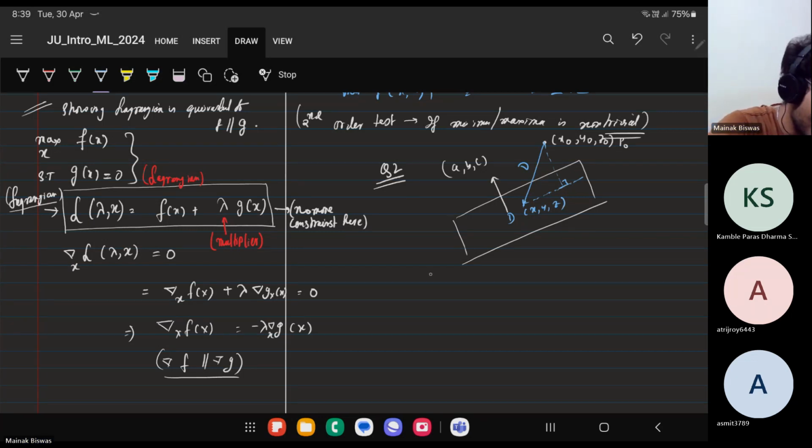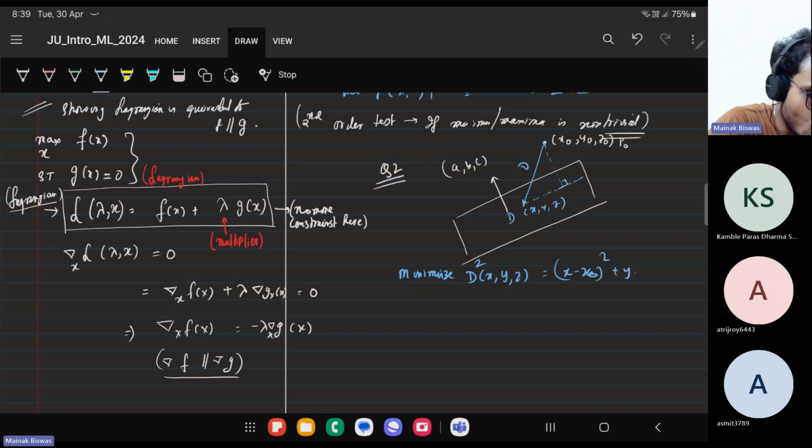So what is my objective here? Can you tell me? I'll do a little bit of cheating and say: minimize d squared of x, y, z as x minus x naught squared plus y minus y naught squared plus z minus z naught squared, right?